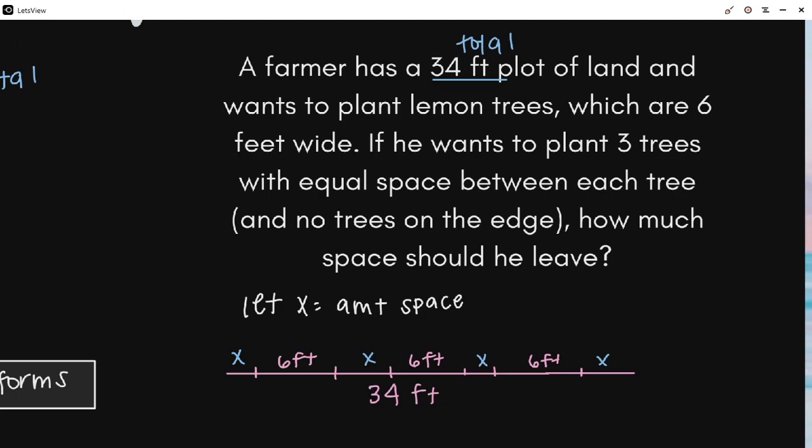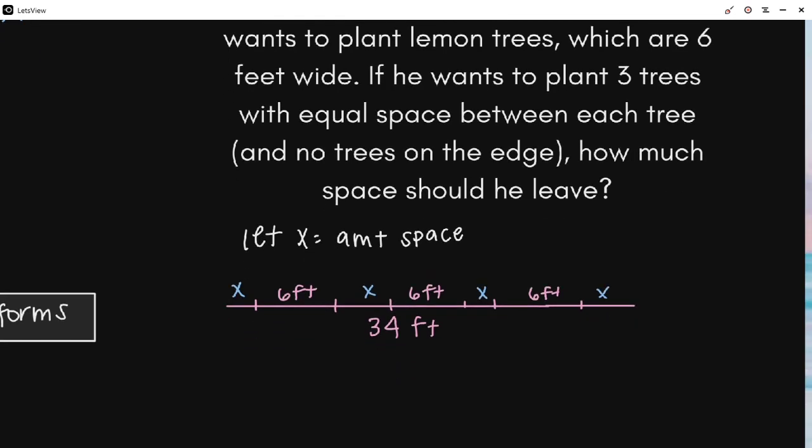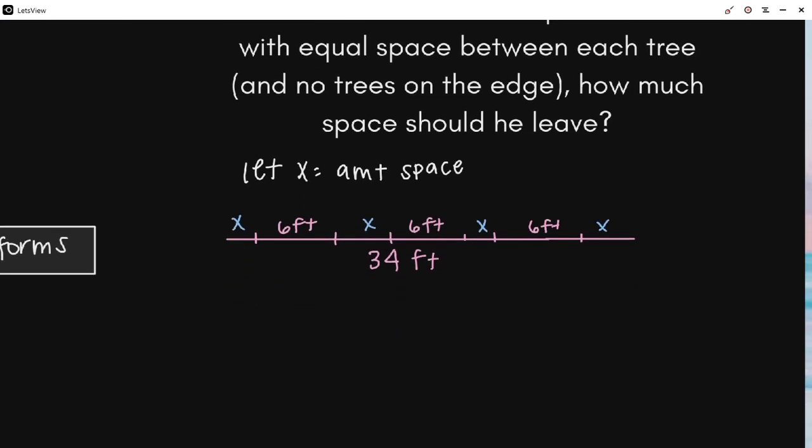So for this problem, we know that 34 is the entire thing, and we can just add up all of this and it'll have to equal 34, since that's how we want it to be spaced out. So there are 4 total x's, so 4x plus, and we have 3 of the 6-foot trees, and that has to equal 34 feet.